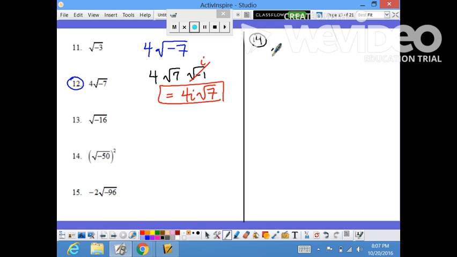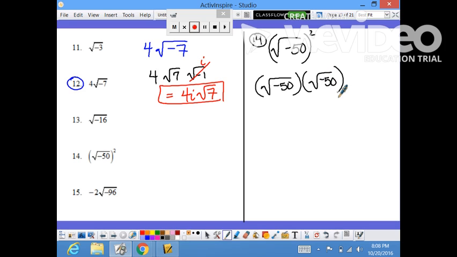So you have the square root of negative 50, squared. Now, some of us said, well, if I take the square root of negative 50 and multiply it times the square root of negative 50, I'm going to get a big number.